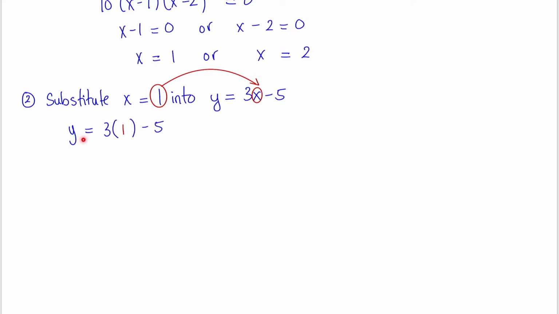And I have y equals 3 times 1 minus 5. 3 times 1 is 3, minus 5 is negative 2. So my first solution is x comma y. My x is 1 and my y is negative 2.